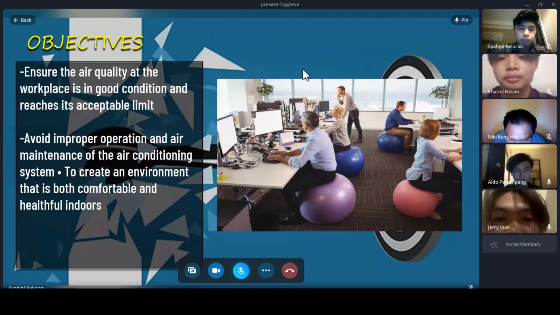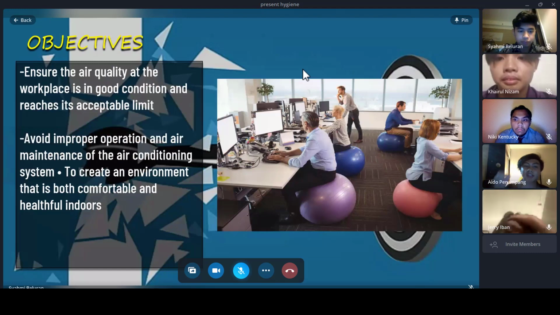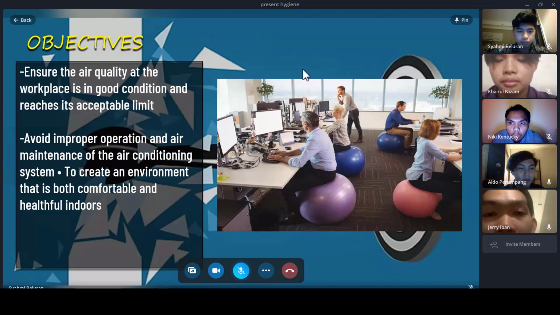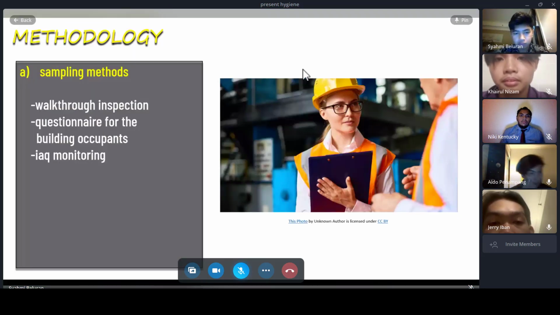If it is not in good condition, the staff at the office will not feel comfortable, or they will have difficulty breathing while working at the STAR office, which is their workplace. Secondly, to avoid improper operation and air maintenance of the air conditioning system, which is also meant to create an environment that is both comfortable and helpful indoors.